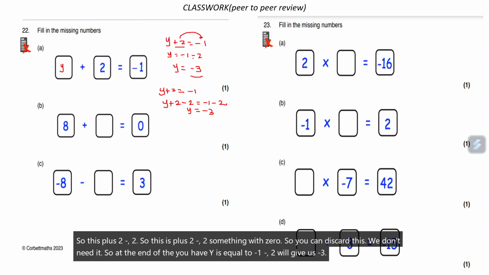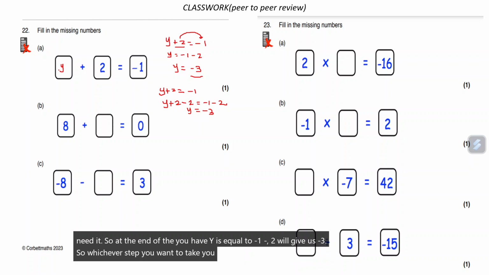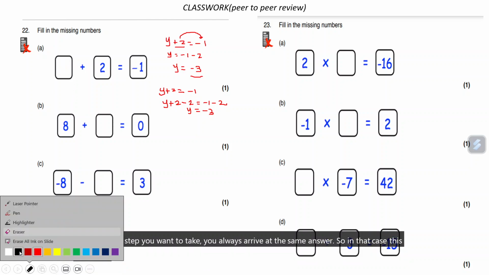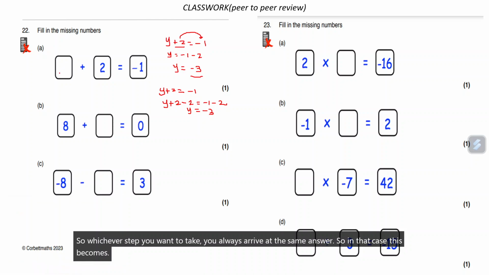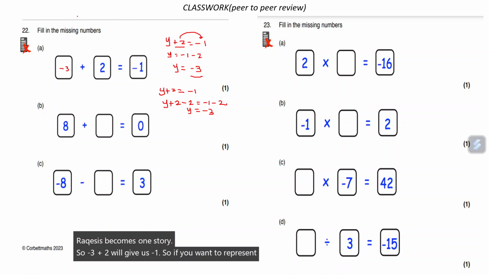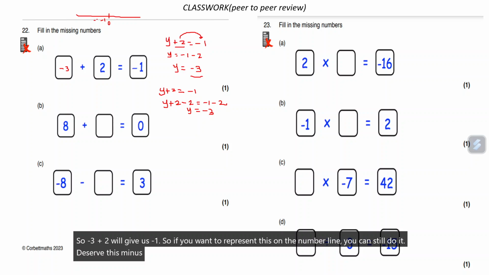So whichever step you want to take, you will always arrive at the same answer. So in that case, this becomes minus 3. So minus 3 plus 2 will give us minus 1. If you want to represent this on the number line, you can still do it. This is 0, this is minus 1, minus 2, minus 3.